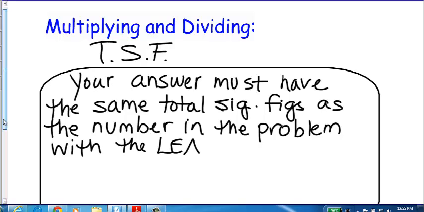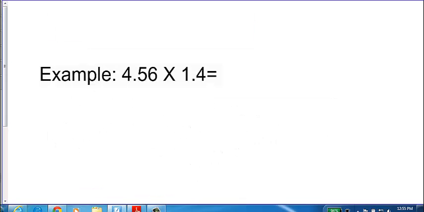It's always the least, right? You can't be more precise than your least precise measurement. So we call this TSF. So again, in an example, we will multiply. When you multiply, you care about total sig figs.